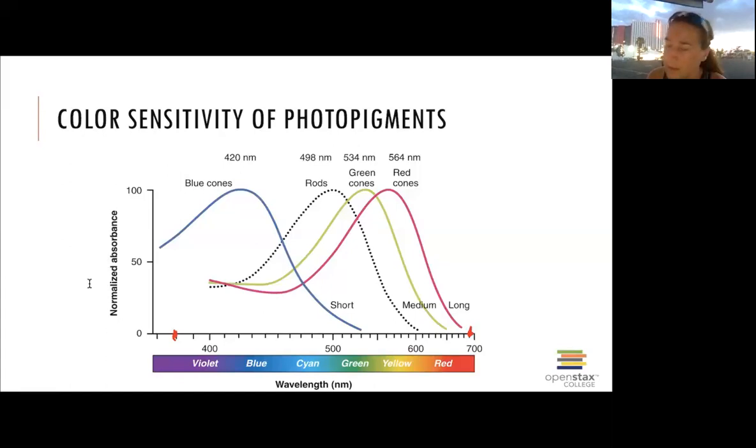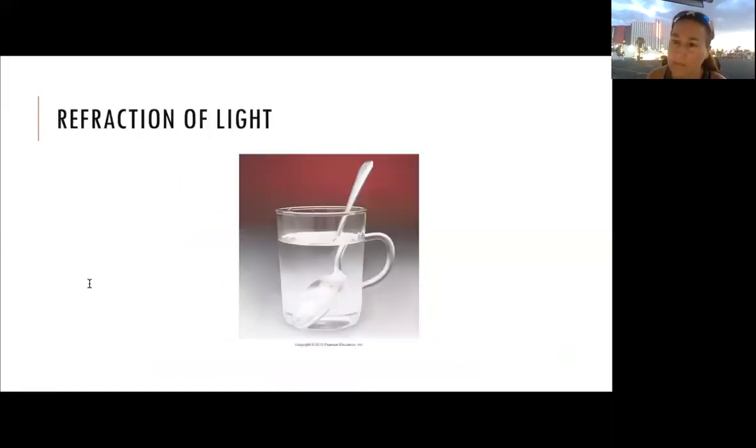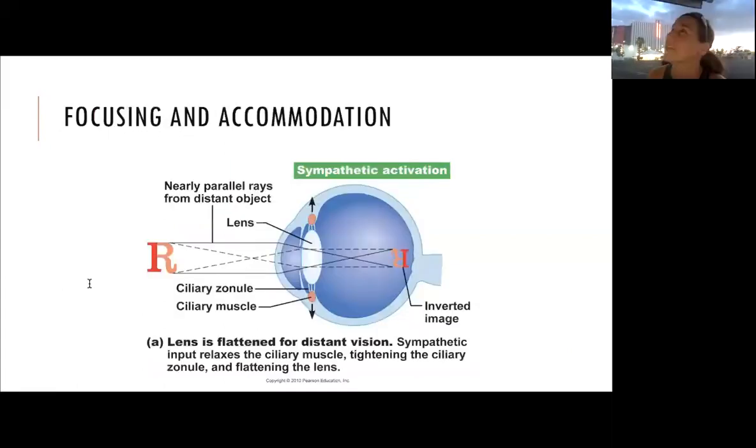As the light comes through the lens, it's going to refract. We talked about sympathetic and parasympathetic. We kind of touched on it, but we want to take it out in systems.